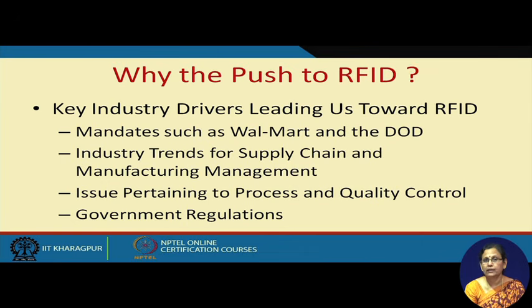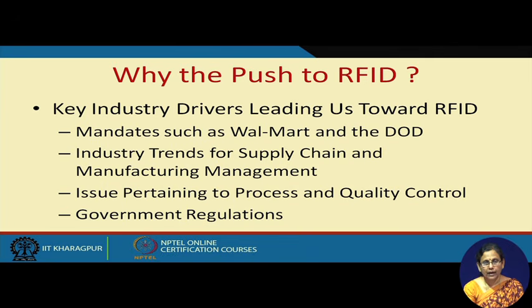They only knew that the retailer like Walmart or the user like Department of Defense would be the beneficiaries. But as time progresses, the cost of tags and other RFID equipments is going down. Along with that, other members of the supply chain are also able to discover what value RFID can bring them.